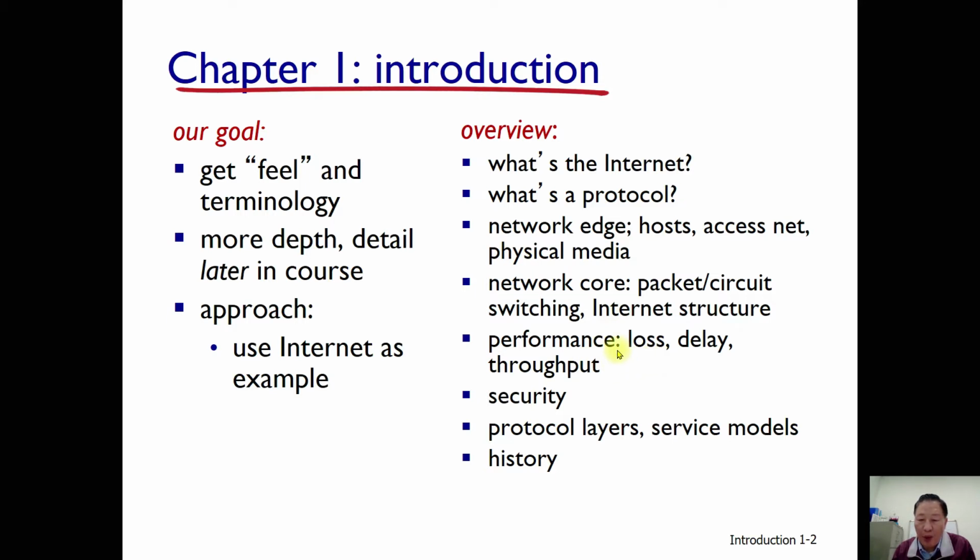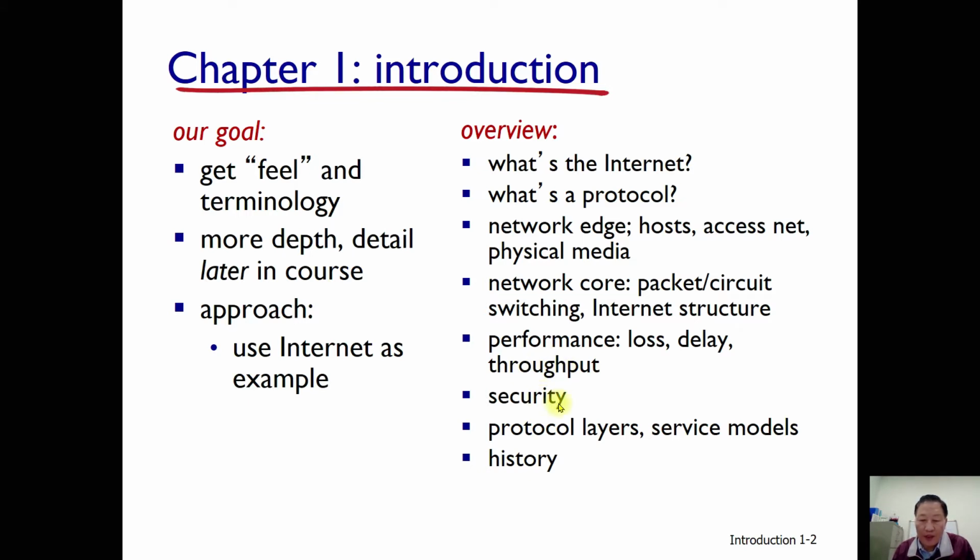And in terms of the performance of the computer network or internet, we should understand the performance metrics. Those are loss and delay, that is the time, how long it takes, and speed, throughput.